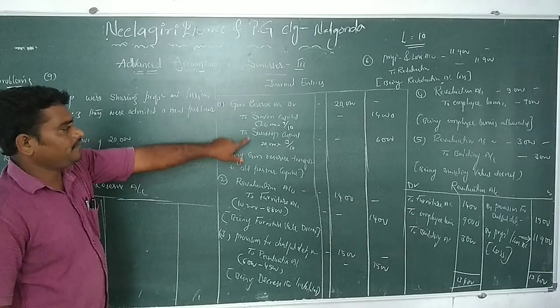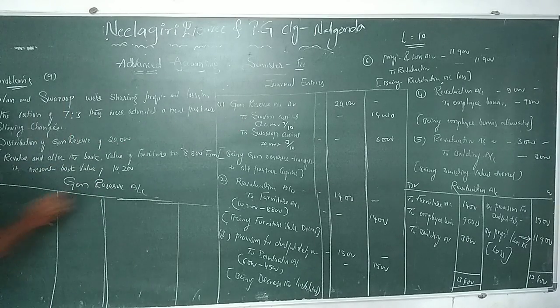General reserve account debit to Shravan capital and Swaroop capital: Shravan capital amount 14,000 and Swaroop capital 6,000.